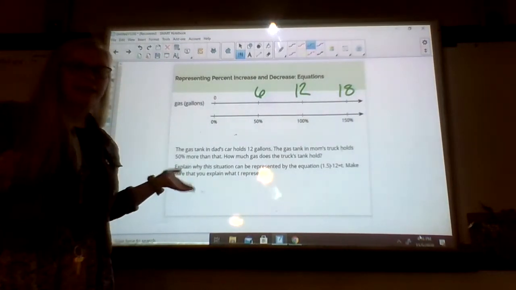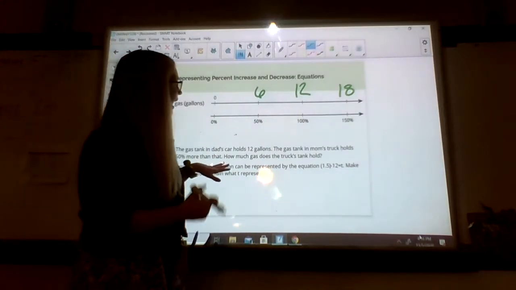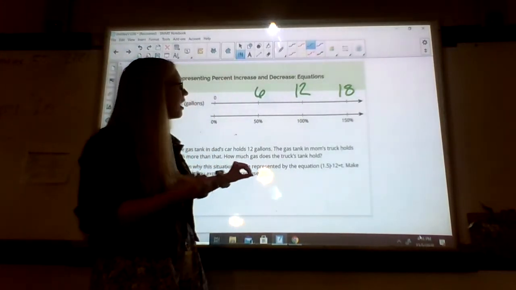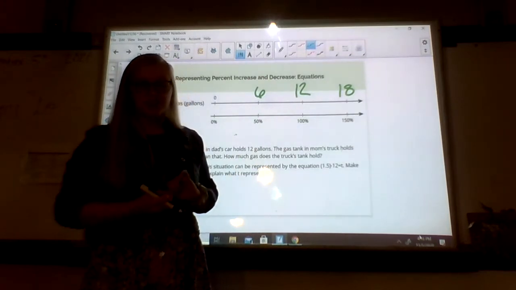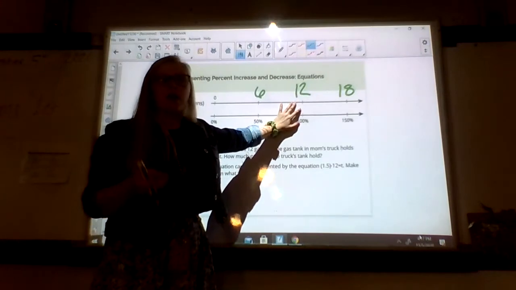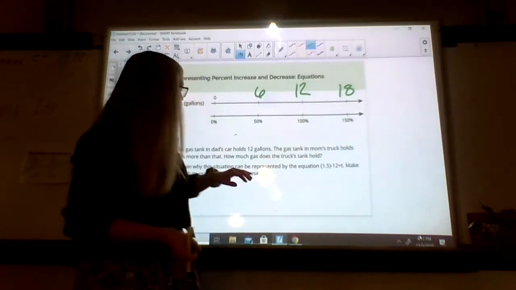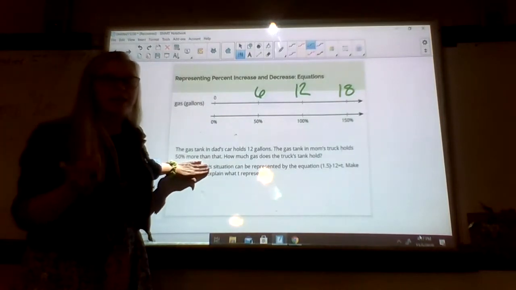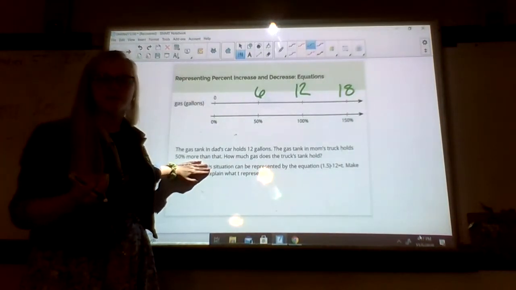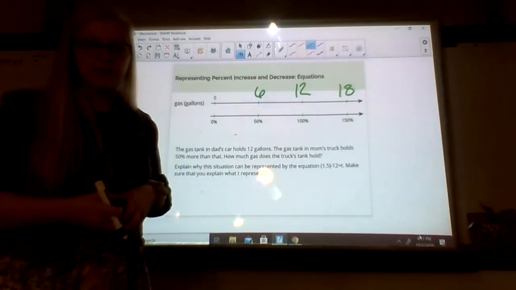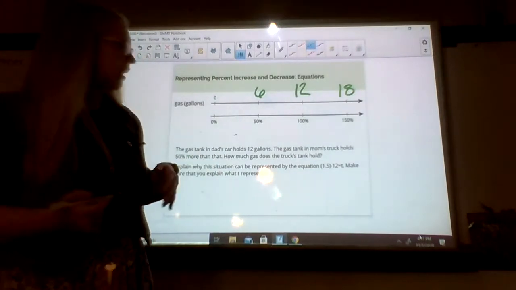Okay, welcome back again. So, I know that this fits because I'm trying to find 150% of how much the car holds. I'm trying to find 150% because the truck holds 50% more, means we're increasing by 50%, which means we have to take 100% plus 50% to get what percent we're trying to find.